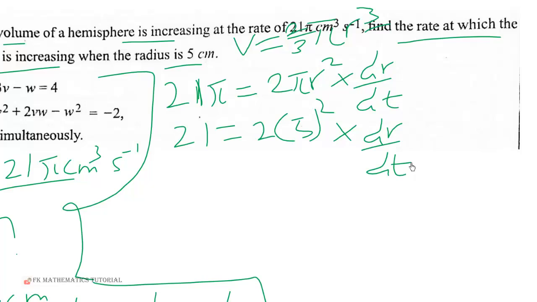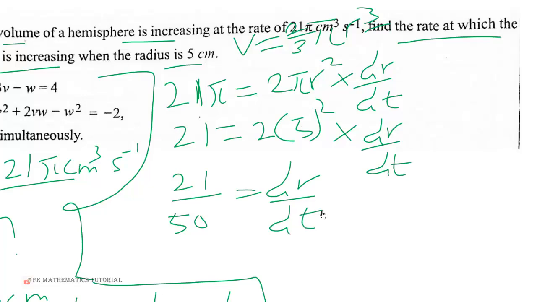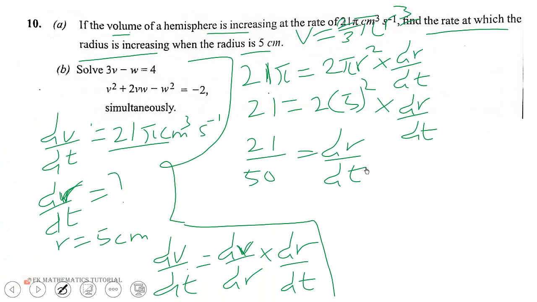So that will give us 21 over 50 is equal to dr/dt. And when we simplify this, what do we get? We are going to get 0.42. dr/dt is equal to 0.42 meters per second.